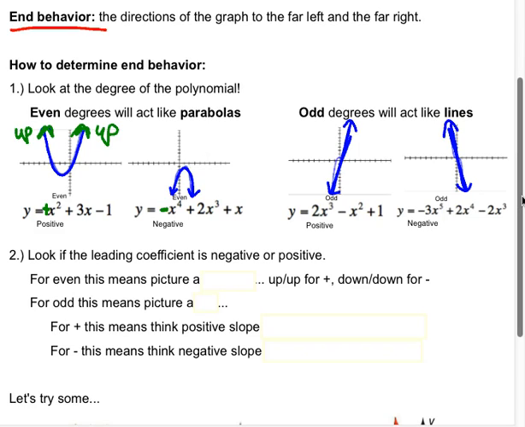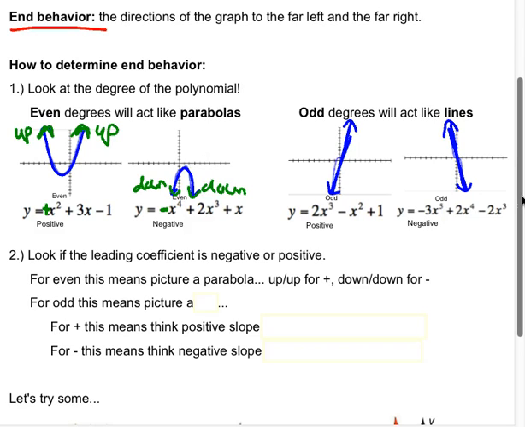This negative right here means that the parabola, even though, remember, it's not quite a parabola, its ends will act like one, are facing downward, giving this one the end behavior of down, down. So for evens, think a parabola. When the leading coefficient is positive, it is opening up, so the end behavior is up, up. If that is negative, then it's opening downward, so it would have an end behavior of down, down.